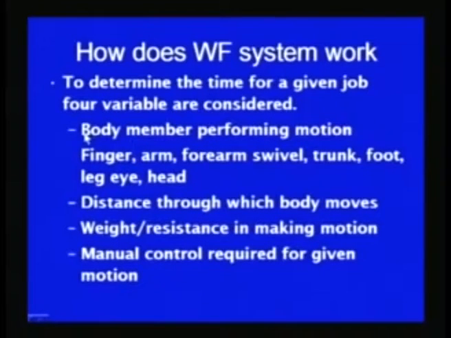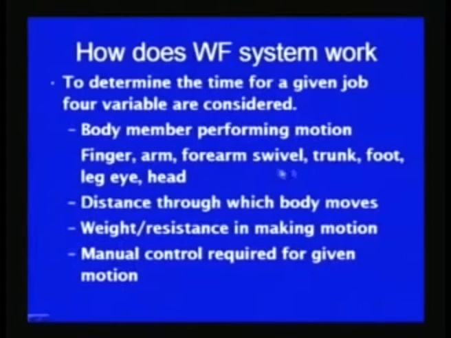So, any job is analyzed by the work factor system in terms of the 4 variables that form part of the work, and these are the way by which body parts are being used. Body parts in use may be the finger, arm, forearm, trunk, foot, leg, eyes and head, and the distance through which the body travels is also taken into account.